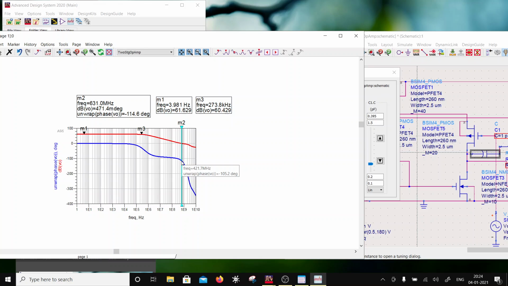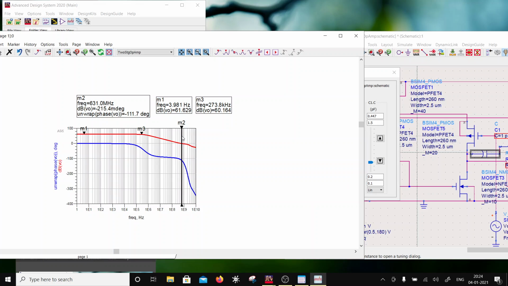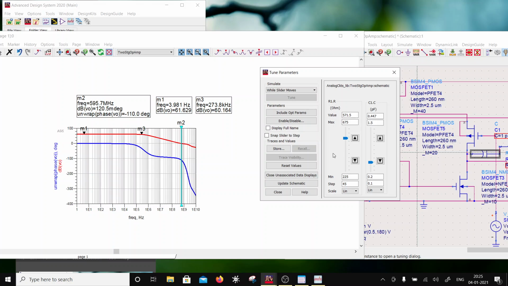So then here it will be 180 minus 114 or 115. Okay, 180 minus that is 65 degrees margin here, right? So I cannot sacrifice. I want something like an 80-degree margin. So it should be around 100 at the crossover. 110. Okay, so that's a 70-degree margin.